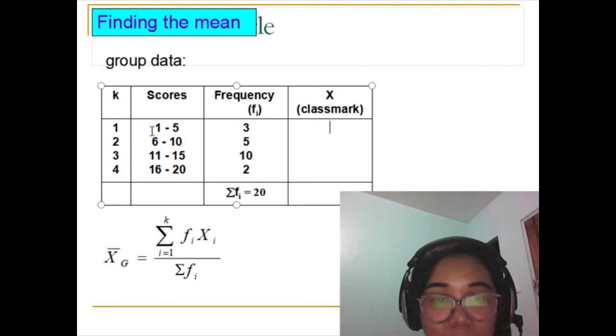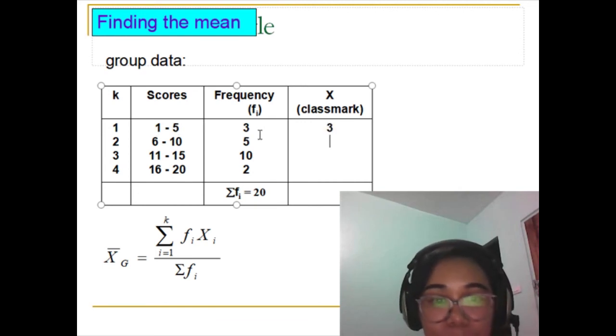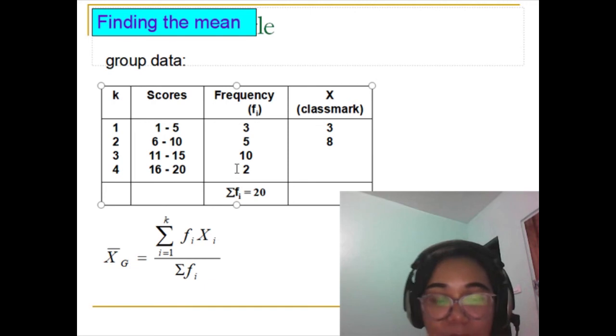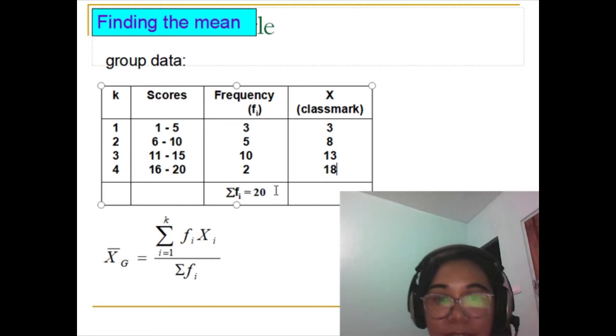In the case of our example, we have 1 plus 5 divided by 2, so that is 3. 6 plus 10 is 16 divided by 2, that is 8. 11 plus 15 is 26 divided by 2, so that is 13. Then 16 plus 20 is 36, so that is 18.